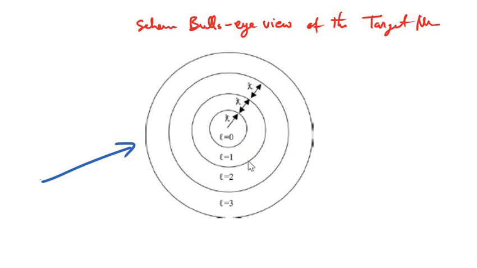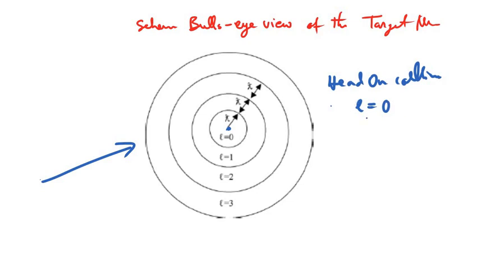Now this figure suggests what for head-on collision? Head-on collision is when this happens. Head-on collision means L equal to 0.